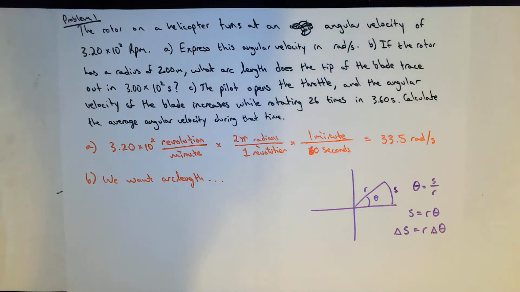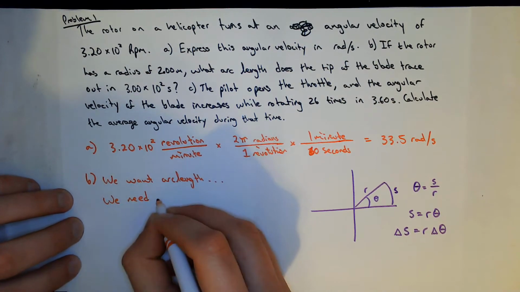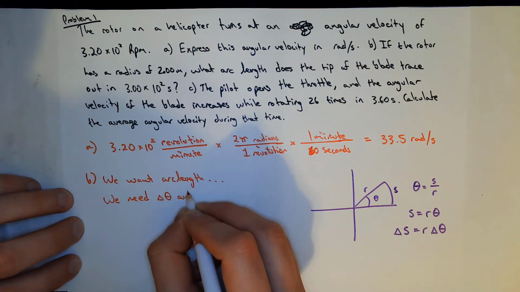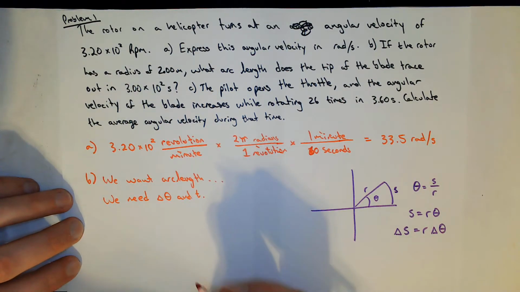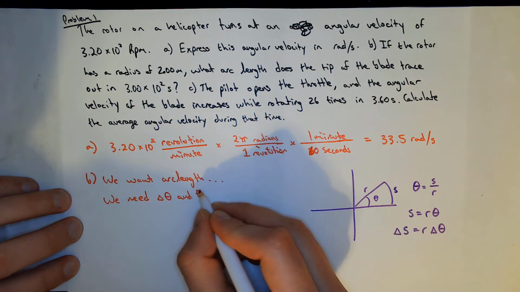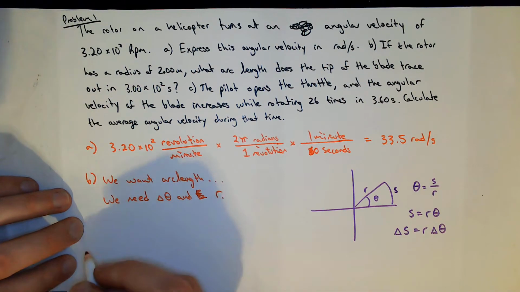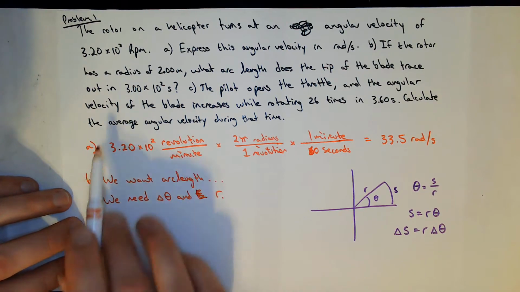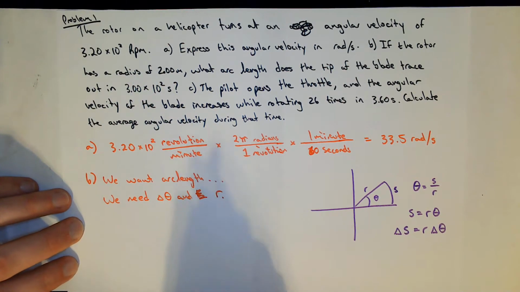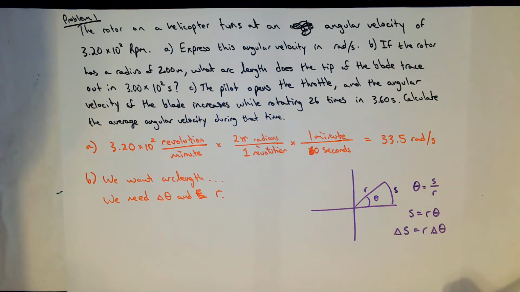Okay, so we want arc length. We need then delta theta and R. We know R is 2 meters, but we don't know delta theta.